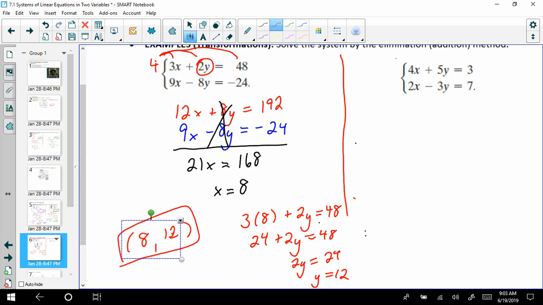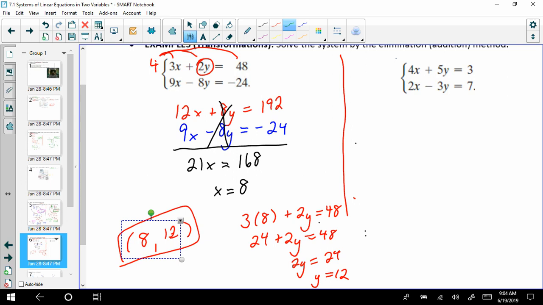So with elimination, you want to cancel something out, and then it's pretty smooth sailing. Let's look at the next one. So I can either cancel the x's or the y's. I personally, just because I want to show you what happens, let's do the x's.